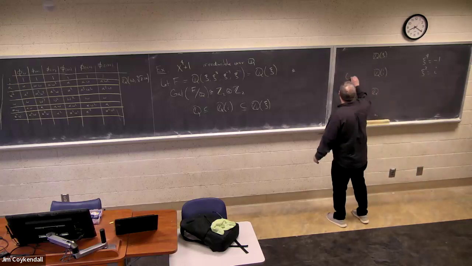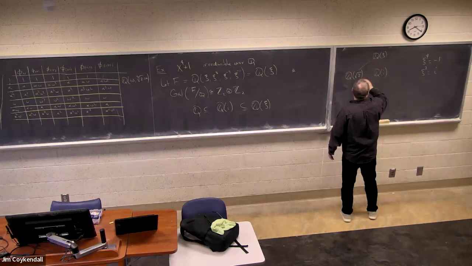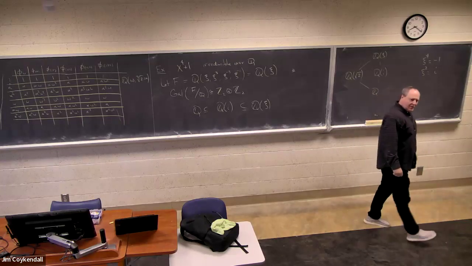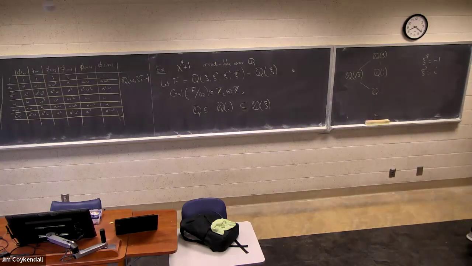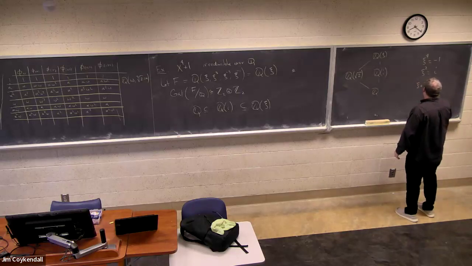Maybe you're going to draw the subgroup lattice of the Galois group. That's an example. Anybody know where you get radical 2? What happens if you take the root plus the root inverse?